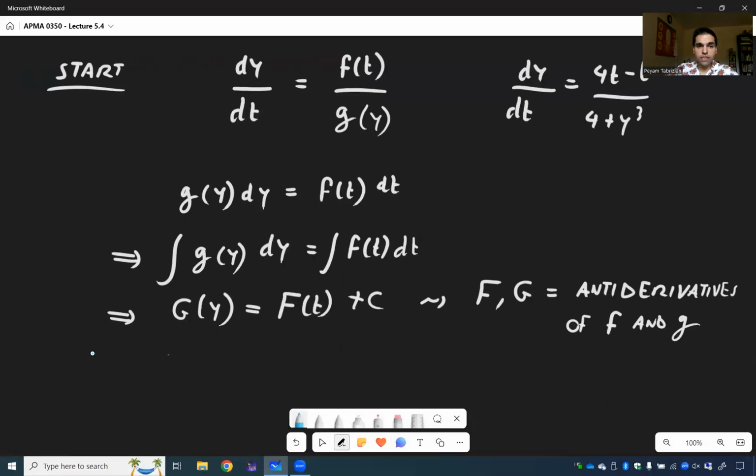And in particular, what this gives us is an equation for y. And what I'm claiming is that this y solves our differential equation.